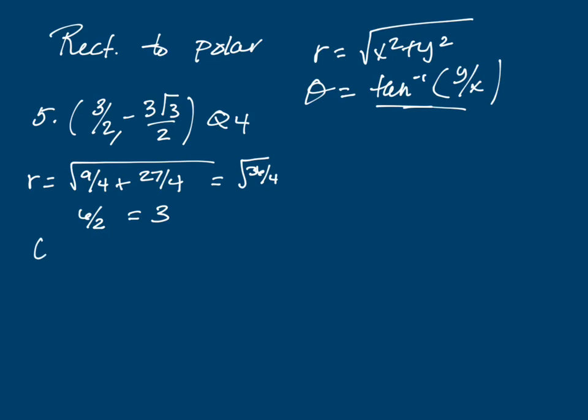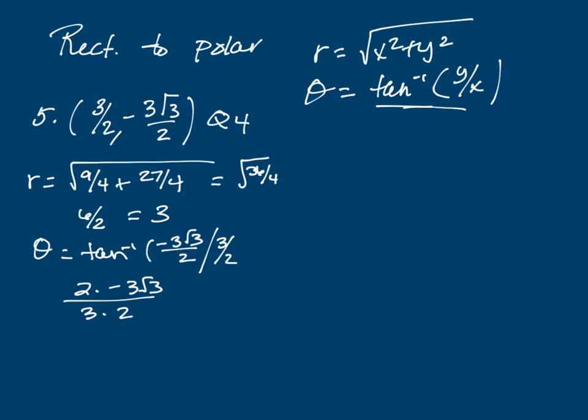And then theta is the inverse tan of -3 square root of 3 over 2 over 3/2. So that would be 2 times -3 square root of 3 over 3 times 2. So the 2's would cancel out and the 3's would cancel out, and I get negative square root of 3.